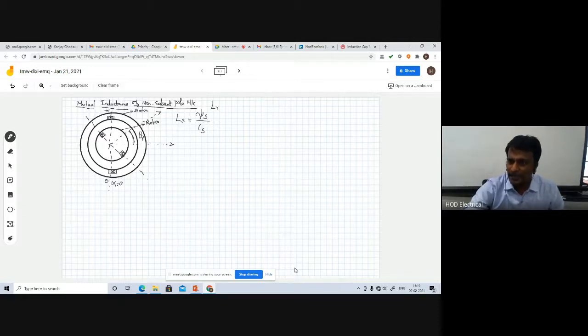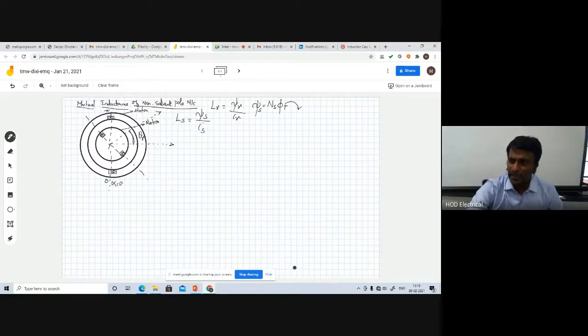Similarly, the inductance of the rotor is the flux linkages of the rotor divided by the current flowing through the rotor. For flux linkage, we have derived that it is the number of turns, for example the number of turns in the stator, times the total flux.